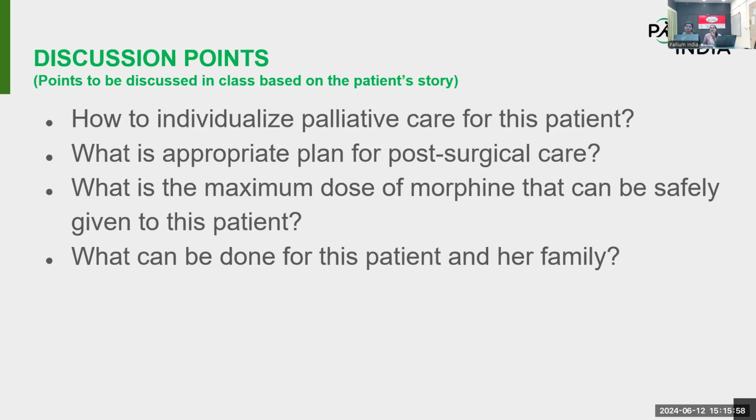You can keep on increasing the dose, provided you monitor for the toxic effects and the response to the pain. If the patient is having adequate pain relief, that means the pain is responding to the drug. And if the patient is not presenting with any toxic signs, you can keep on increasing the dose of the morphine. There is no ceiling effect for morphine.